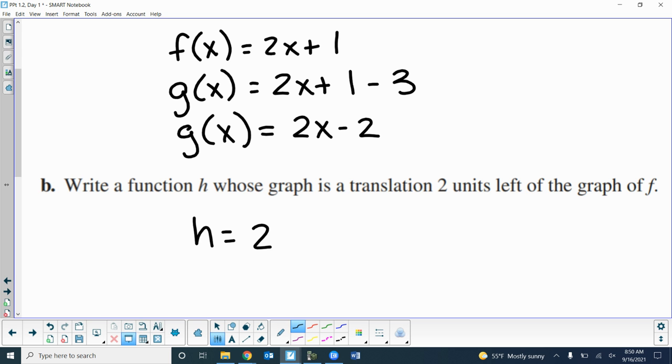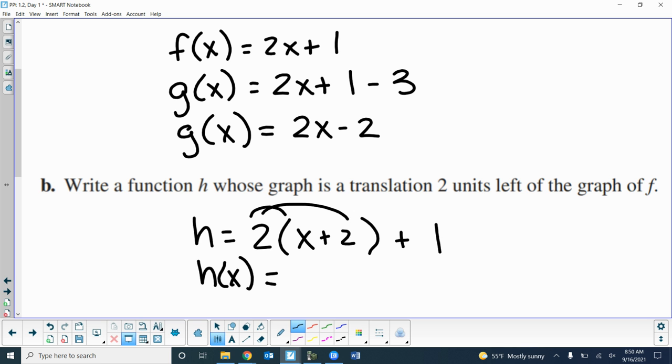Now, when we go left to right, remember we put it inside the parentheses. And then what was it? Plus 1 on the end, right? So we're going 2 units left. Do I add 2 or subtract 2 inside the parentheses? Add 2, right? For left, you actually add 2 like you're going right. So distribute the 2 to clean it up. Oh, it's h of x, sorry, I forgot my x.